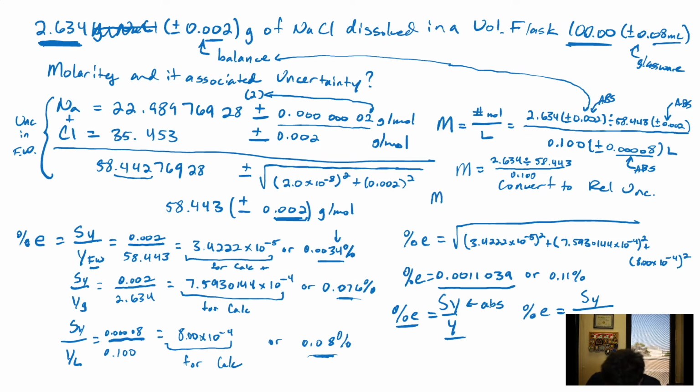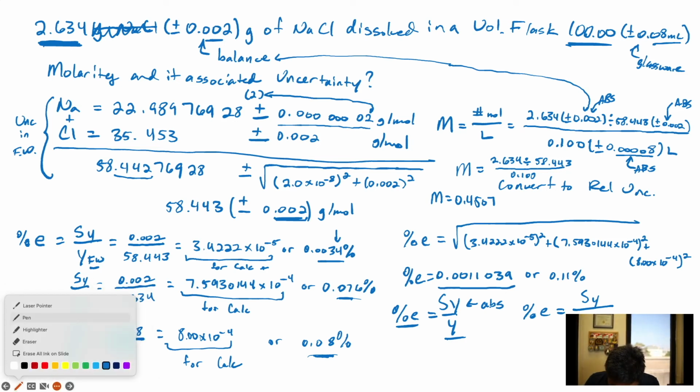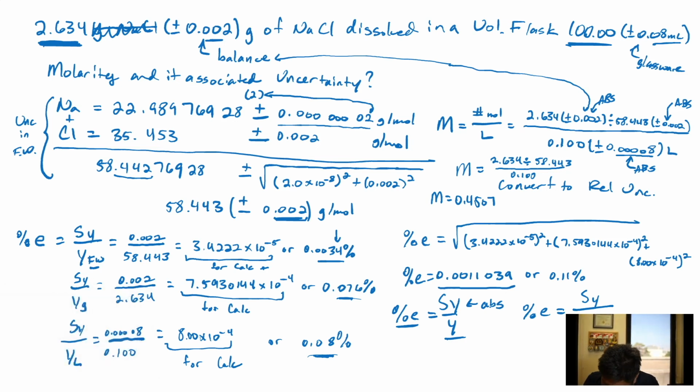So molarity is equal to 0.4507. We could have done that before we went to convert the relative uncertainties, I just forgot. So I'm going to move that relative uncertainty thing that I wrote there, and I'm going to rewrite this higher.